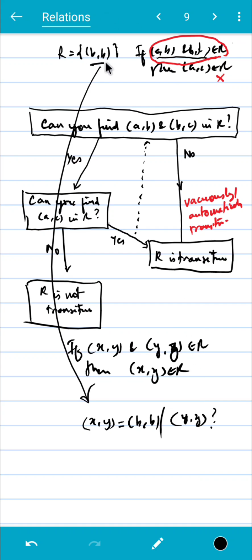No, because this is all the element that's there. Even if you could find one, you have to take (B, B) itself, and in that case (X, Z) will be again (B, B), but that's trivial. So this if statement does not hold, and so in this case, R is vacuously transitive.